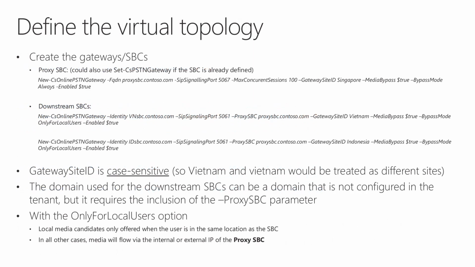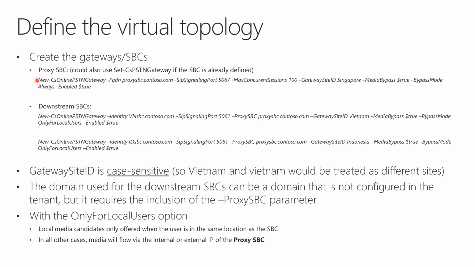Our next step is to define the virtual topology itself. This is the configuration of the proxy SBCs and the downstream SBCs. Now, remember in the example that we were looking at, there's a total of 3 SBCs. The one that's in Singapore, that's my proxy SBC, because he's the SBC that actually has a public IP address assigned to him. My other SBCs are downstream SBCs in Vietnam and Indonesia, respectively. Now, the proxy SBC, it's defined pretty much the same as we had seen defining session border controllers before.